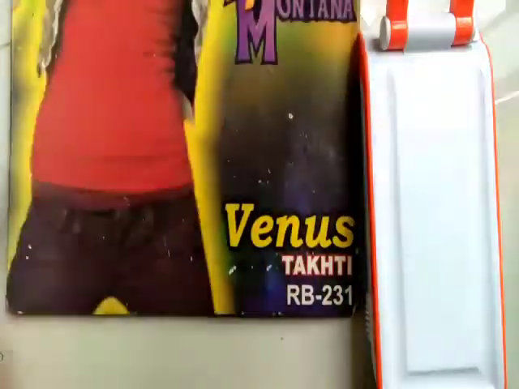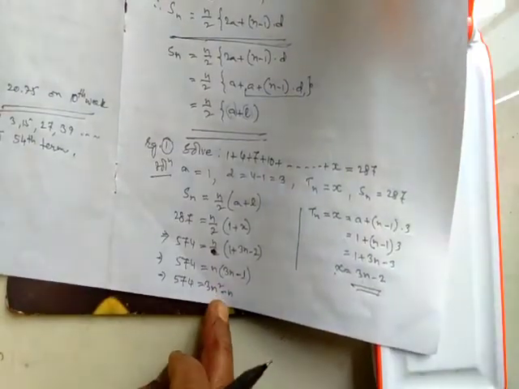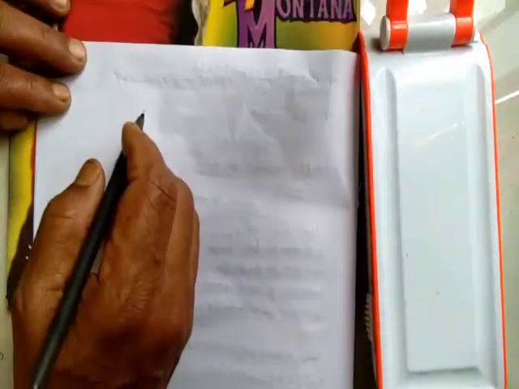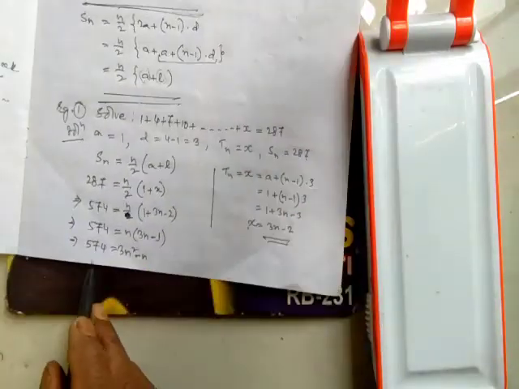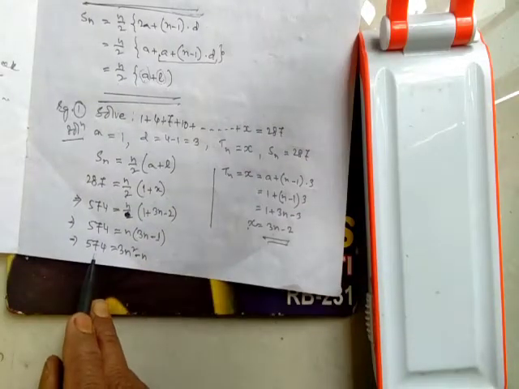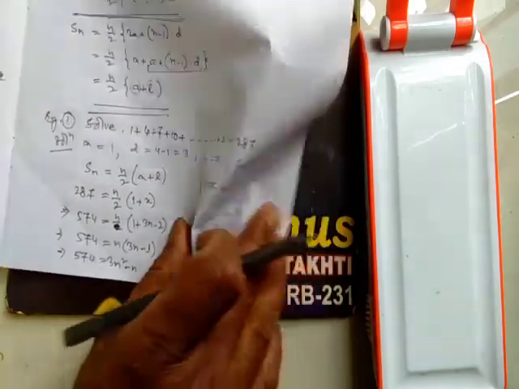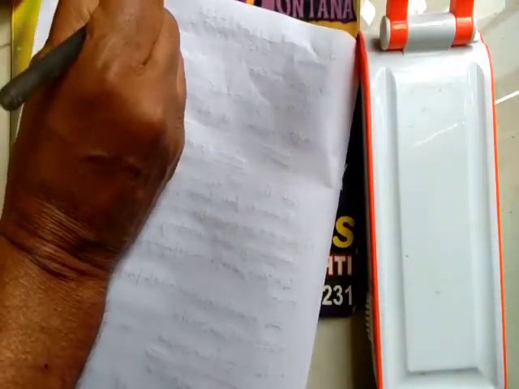What I am getting is 3n square minus n is equal to 574. Right?